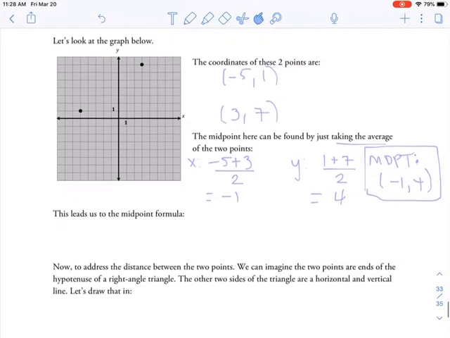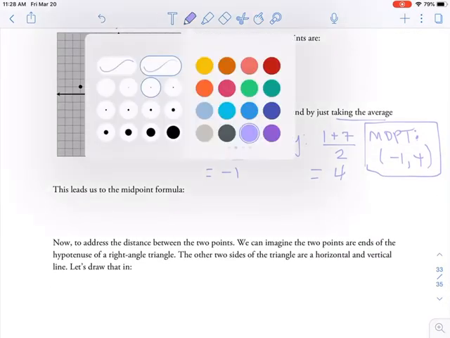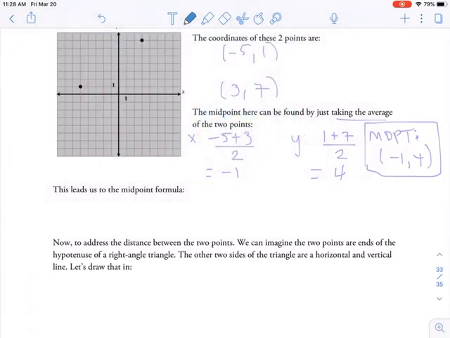Okay, so if we think about the process that we just employed, finding the midpoint of the 2 points that we started with, these two that are on the graph, then we just took their average, right? So we are going to then find the midpoint formula by thinking about that.